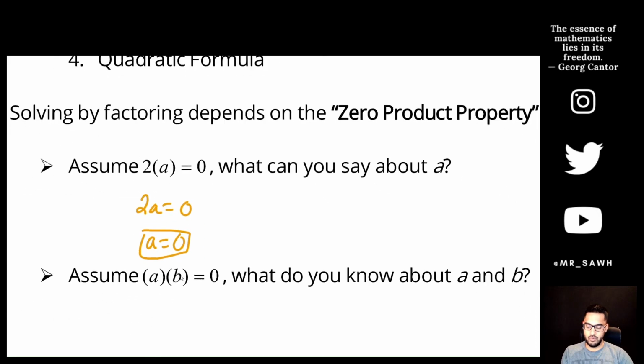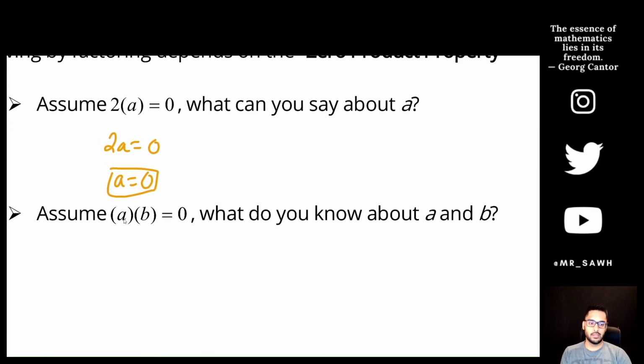But now there's going to be 2 variables. Right, 2 different things, right? What happens if it's a times b equals 0? Well, I know that if I multiply something by 0, I'm gonna get 0. So it doesn't matter if a is 0 or b is 0, one of them has to be. Both could be, but as long as one of them is, this equation is still true.